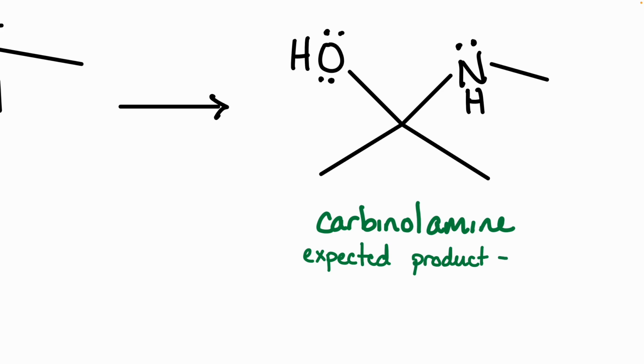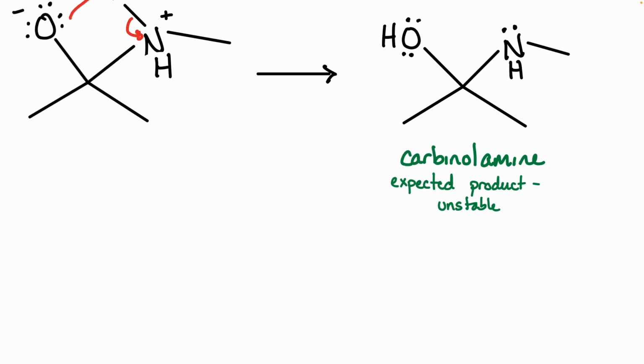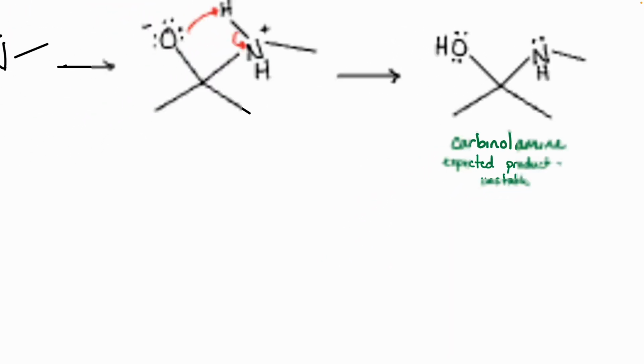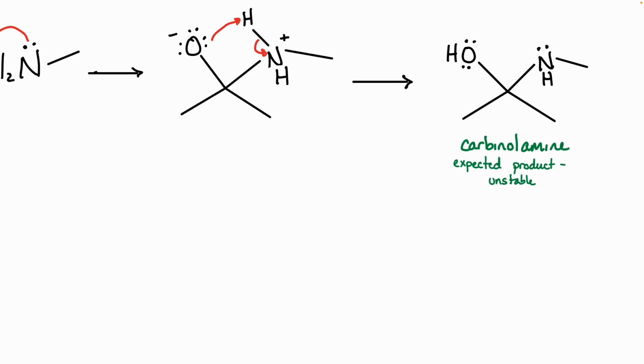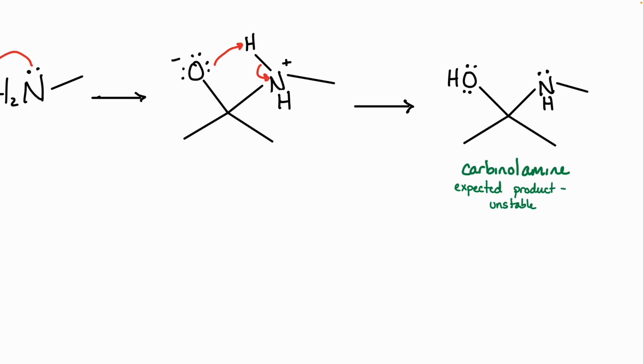But it turns out that these carbonyl amines are unstable. And this thing will continue to react here. All right. What we're going to see is this oxygen is going to get kicked off here in this process. But in order for it to be a good leaving group, what are we going to have to do to it?